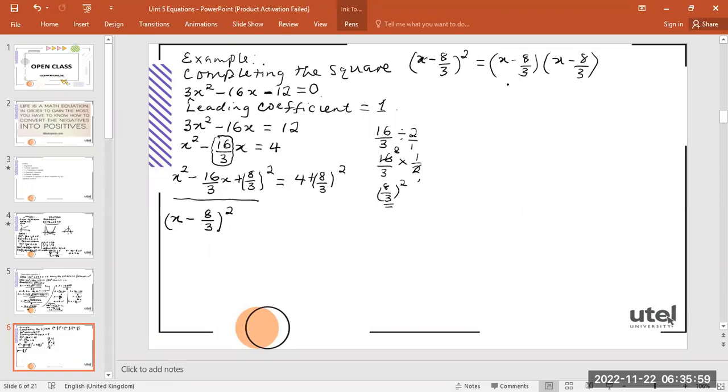So if you expand this using the FOIL method, you multiply this by this, you multiply this by this, and then you multiply this by this, you multiply this by this, it should give you exactly what you have on the left-hand side of the equation.